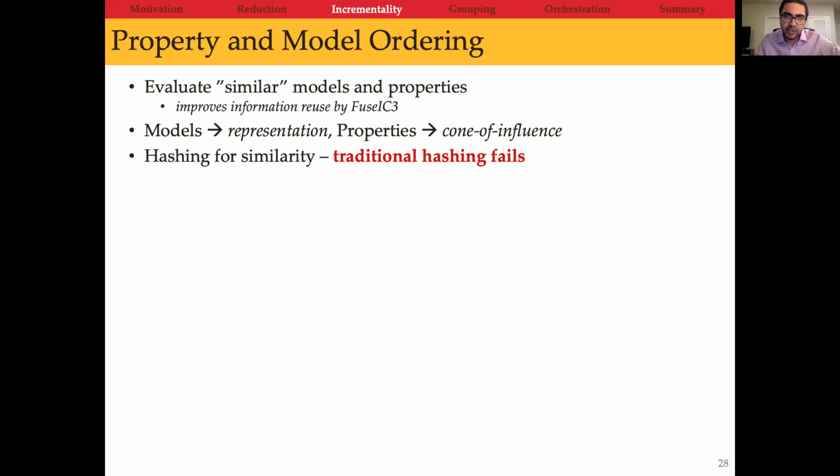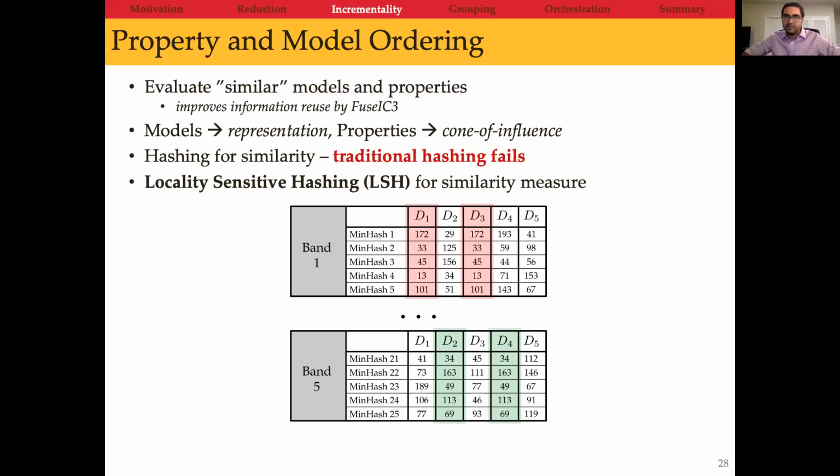This made us look into some data mining literature, after which we ended up using and adapting a technique called locality sensitive hashing, which is a hashing algorithm to measure similarity between text documents. To give you an overview, locality sensitive hashing works as follows. If I have five documents, D1 to D5, and I want to find similarity between them, locality sensitive hashing hashes these documents using several hash functions and then organizes the hash signatures into different bands.